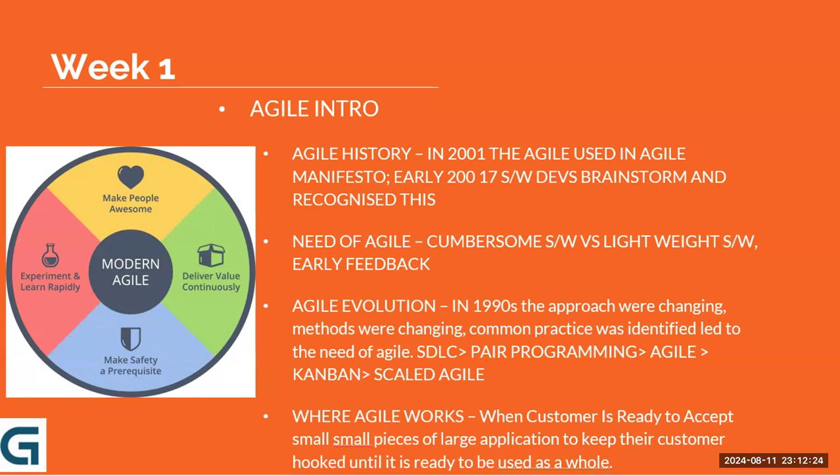Pair programming means two people work together on the same task, and they act like maker and checker: one develops, the other reviews, and vice versa. So you have a double check.